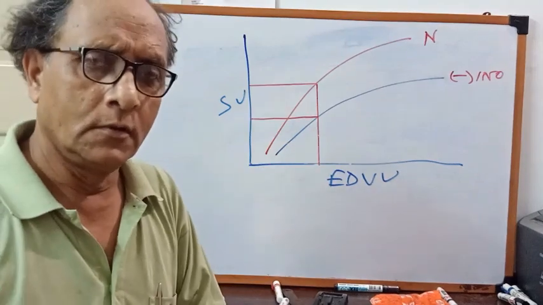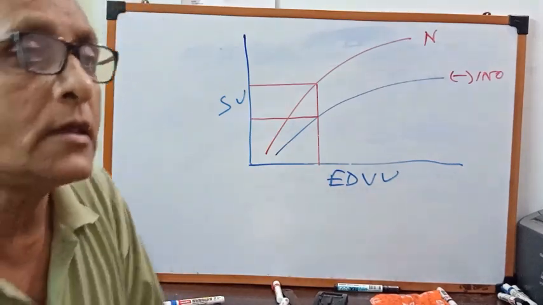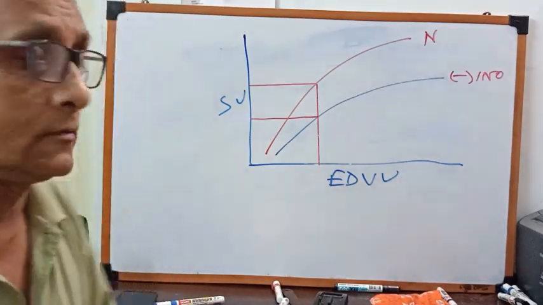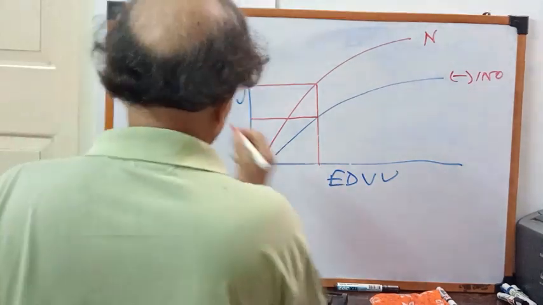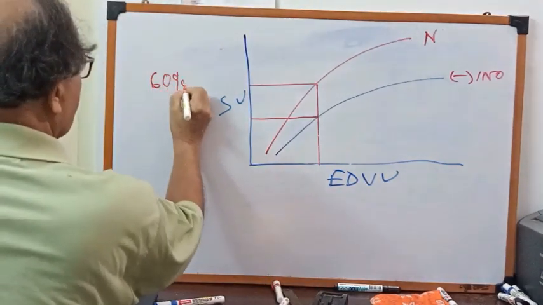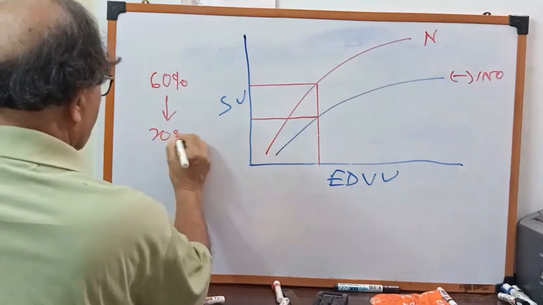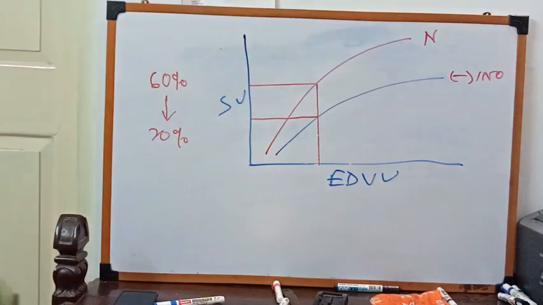So suppose somebody tells you that my ejection fraction is 20% instead of 60%, which is normal. What does it signify?